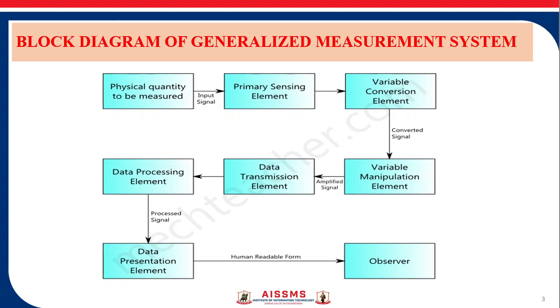This data transmission element output is given to data presentation element. So the next block is data presentation element. It is used to present the measured physical quantity in a human readable form to the observer. It receives the processed signal from data processing element and presents the data in a human readable form.